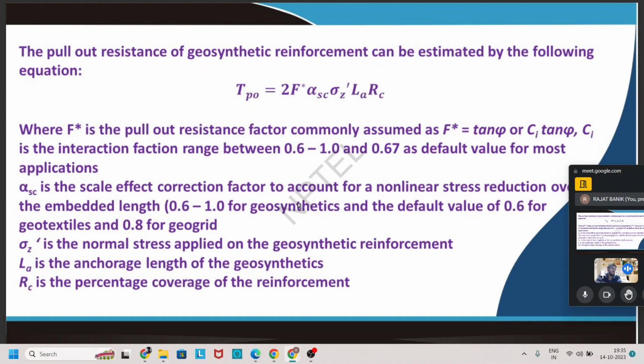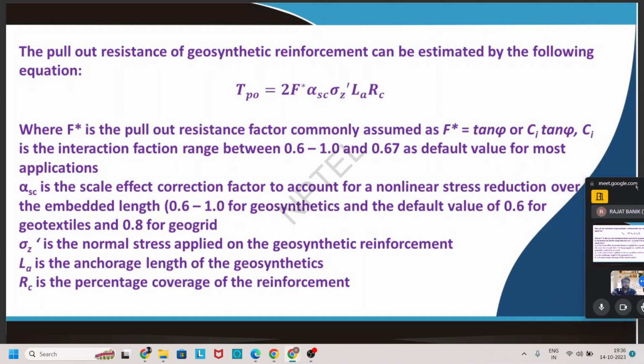We will discuss one problem by this formula in today's class only. Then alpha_SC is the scale effect correction factor to account for a nonlinear stress reduction over the embedded length, in between 0.6 to 1 for geosynthetics, and the default value is 0.6 for geotextile and 0.8 for geogrid.